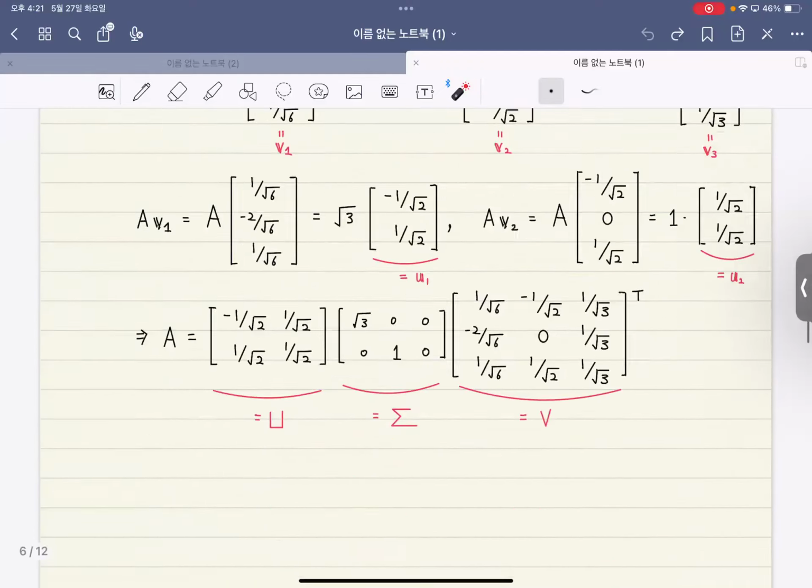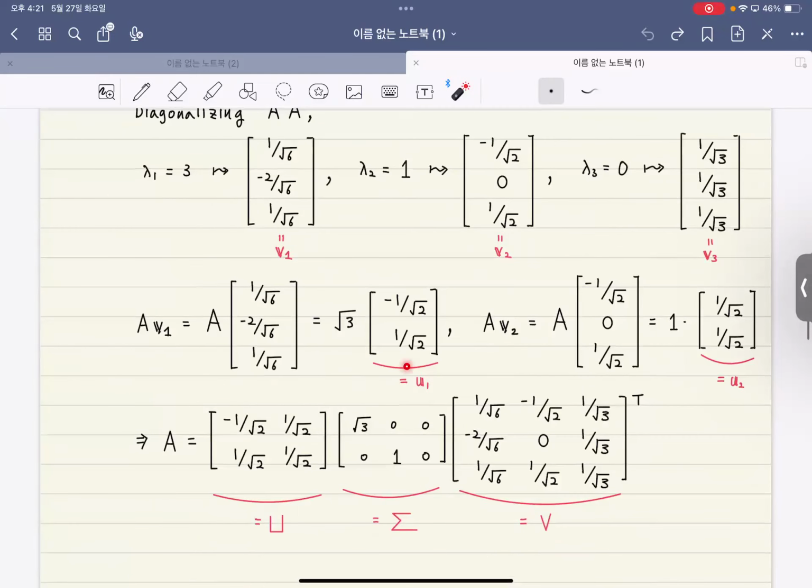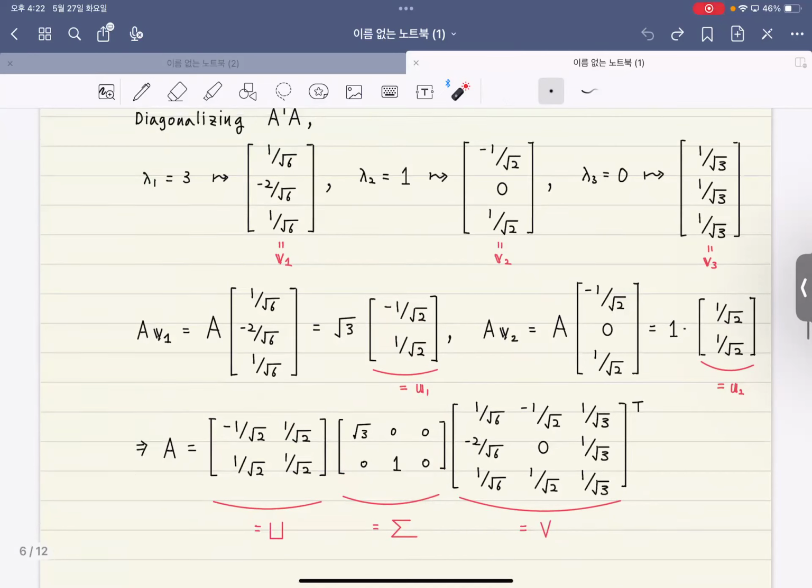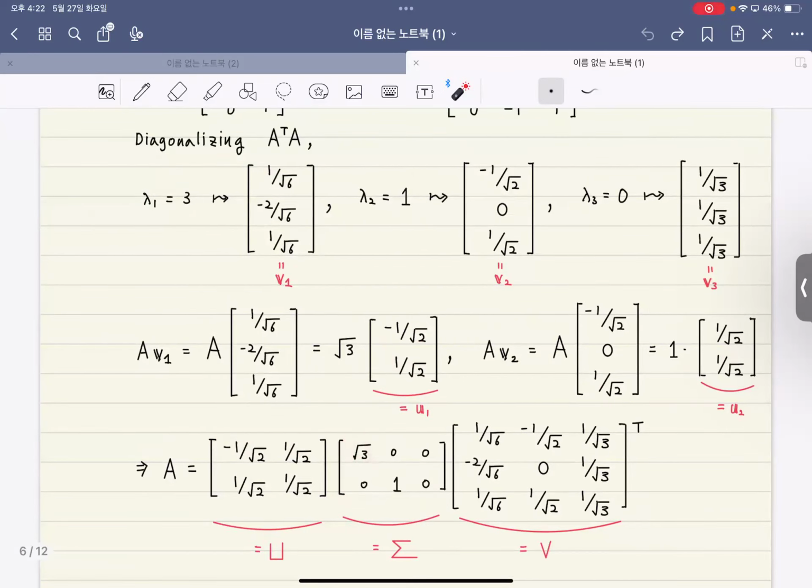So I have U1 and U2. The first vector goes here and the second vector goes there. So I have a 2 by 2 orthogonal matrix U, and my almost diagonal matrix sigma, whose first diagonal entry is the square root of 3, which is the square root of the first eigenvalue. And the second singular value is the square root of the second eigenvalue. All the other entries equal 0.